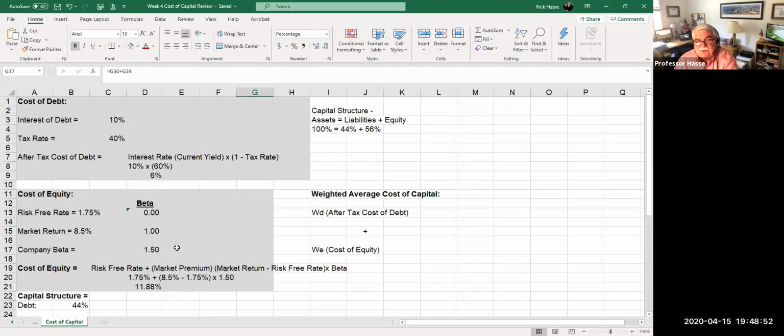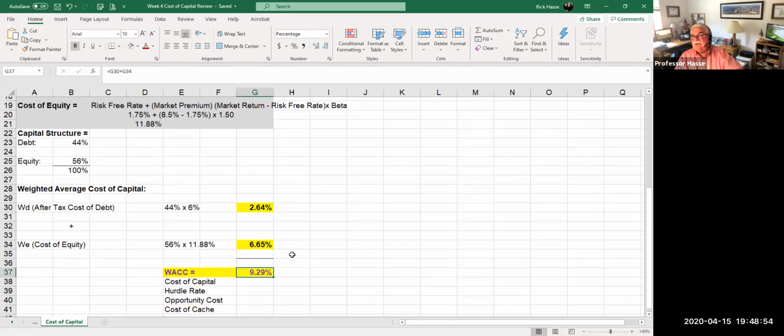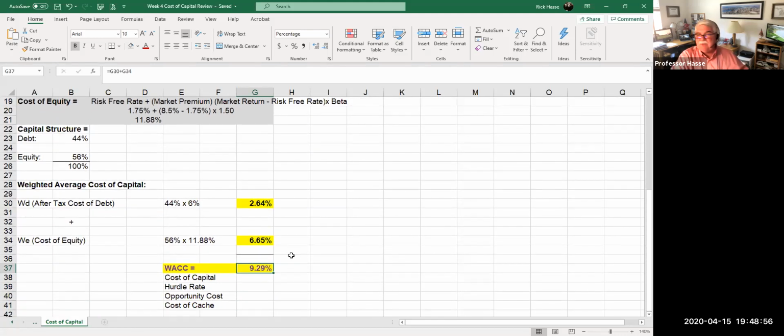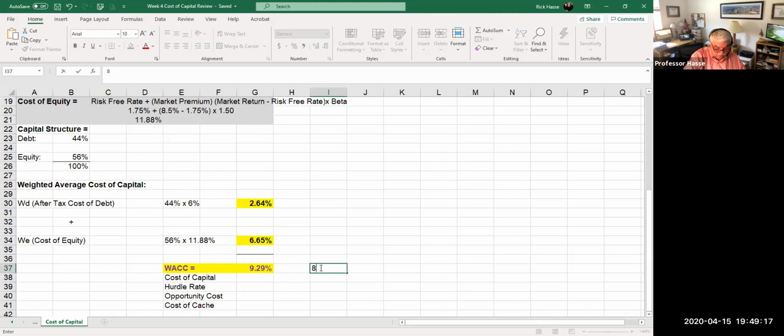But you'll put this puzzle together, and then I'm going to give you the industry average of Home Depot, Nike and American Express. And what does this tell you, the cost of capital in relationship to the industry average? Here's one answer you will give. Let's say the industry average for this company is 8.25%.